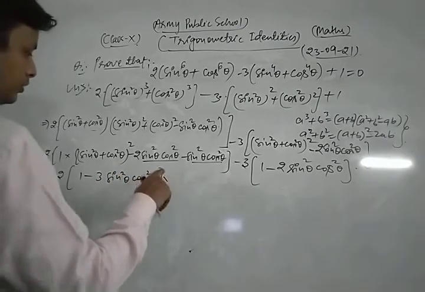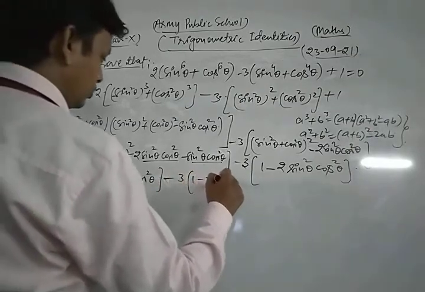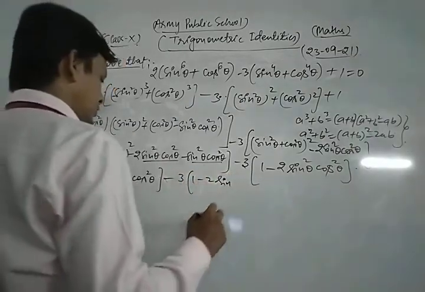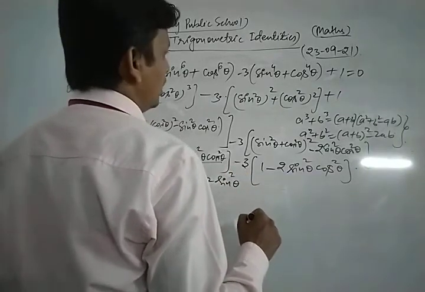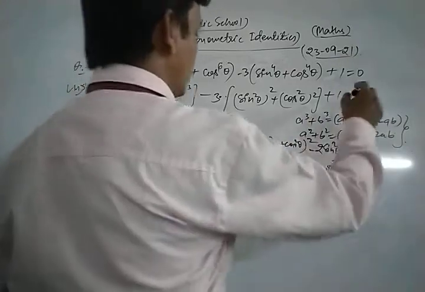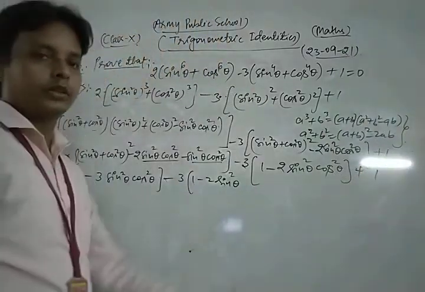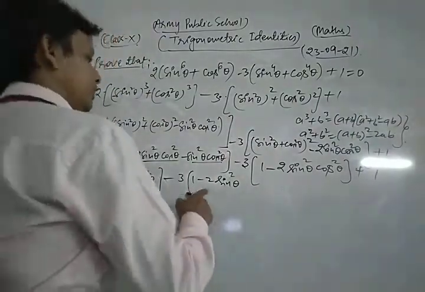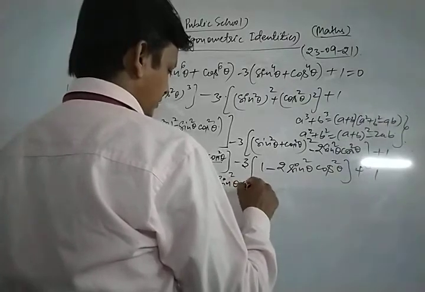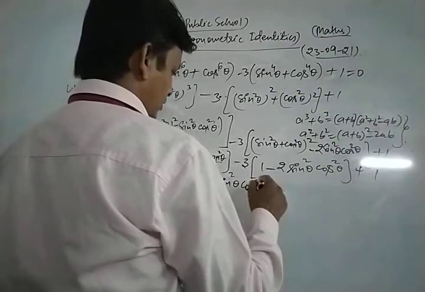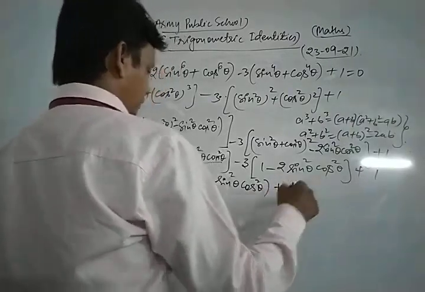Sorry, minus 3 in bracket 1 minus 2 sin square theta cos square theta, and here this is plus 1, written as it is, plus 1.